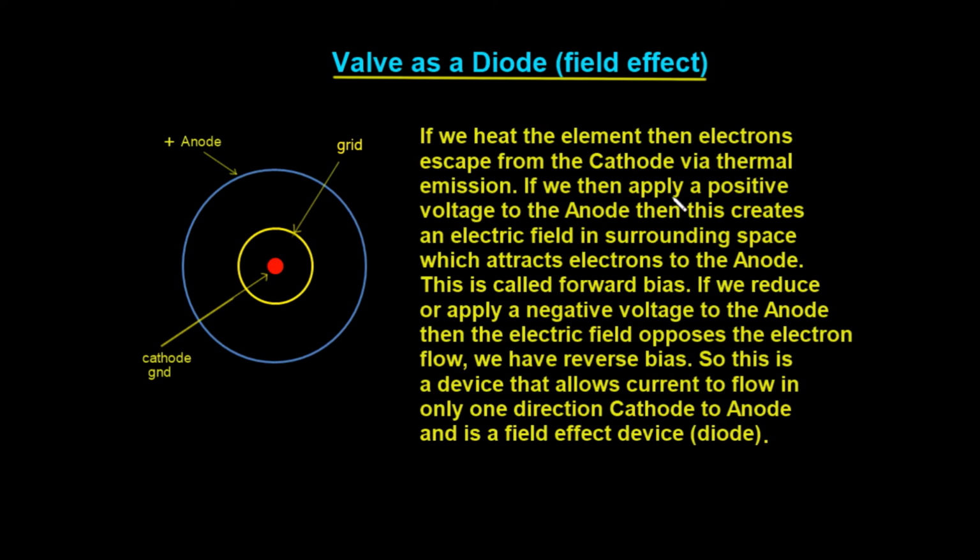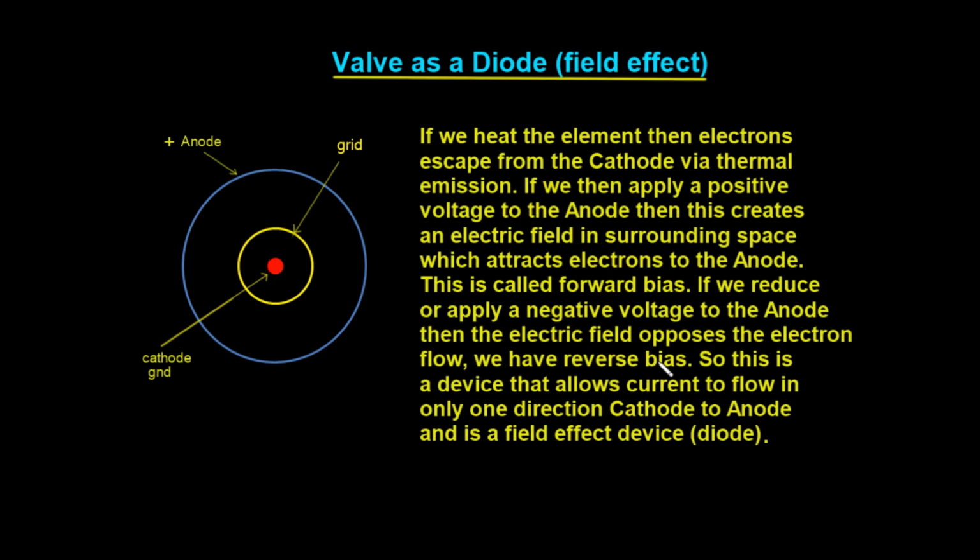So if we apply a positive voltage to the anode, it creates an electric field in the surrounding space, which attracts the electrons from the cathode. So this is why it's called a field effect. Now this would be called forward biased. But if we reduce or apply a negative voltage to the anode, then the electric field opposes the electron flow.